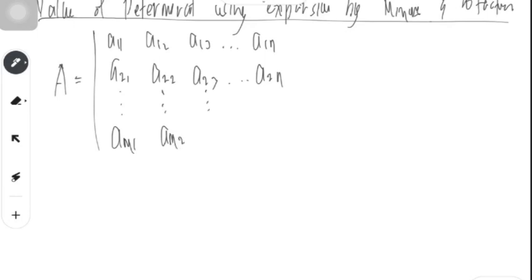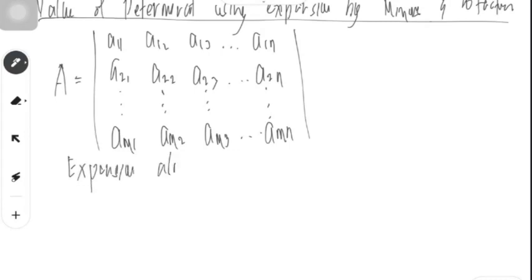Second column. Third column. A, M by N. M by N matrix. Such that the value of this determinant can be found using expansion either on the row or on the column, kahit saan. Pwedeng horizontal, pwedeng vertical. Let's say, we want the expansion along the first row.